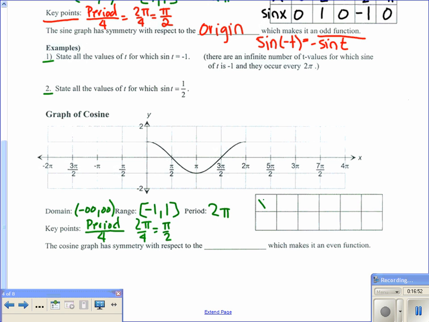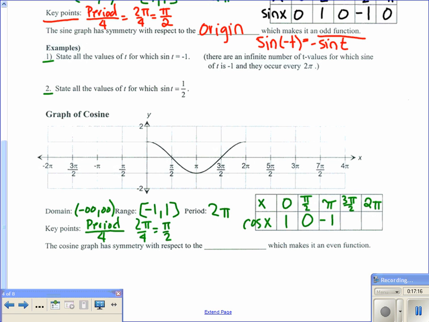So for my graph, I have x and the cosine of that angle. So my first angle, we start off with 0 radians, then pi over 2, 2 pi over 2, 3 pi over 2, and 4 pi over 2. So the cosine of 0 radians would be equal to 1. The cosine of pi over 2 is 0.